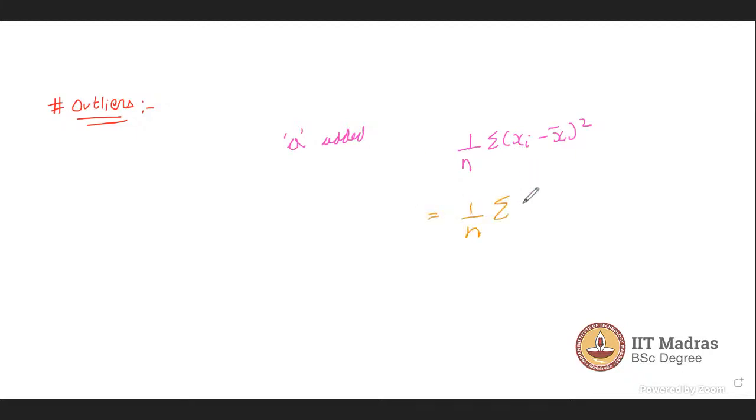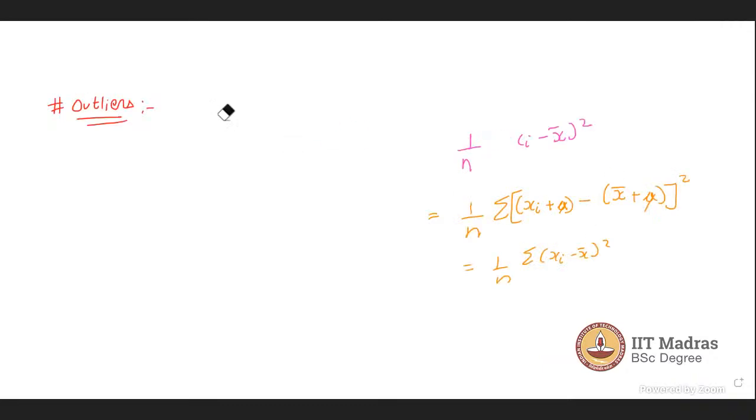My new observation will become xi plus A, and my mean gets added by A. You see that A gets cancelled out, so it doesn't get affected by adding. If you know the formula, you can generalize these things also. We will cover that in the revision session.